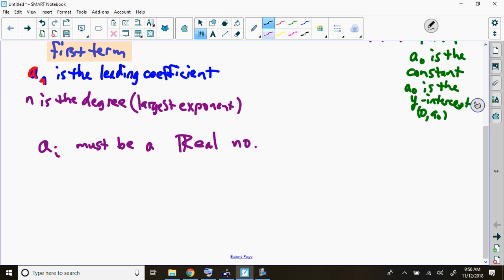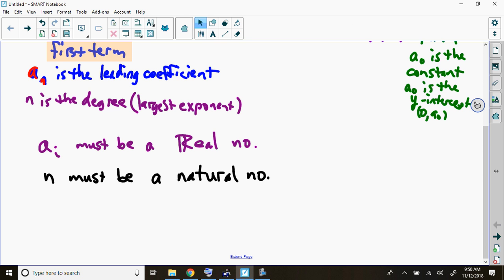Now, n must be a natural number. And here's where I don't understand what textbooks are trying to say. They're saying that n, our degree, our power, our exponent has to be a natural number, right?